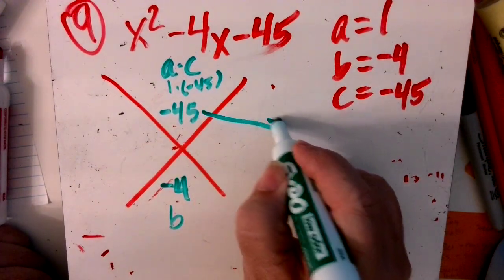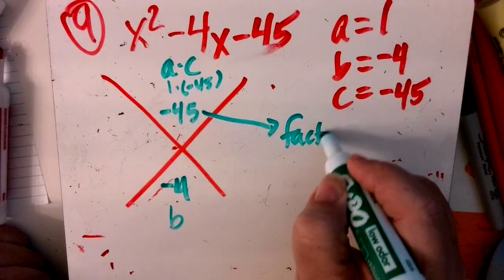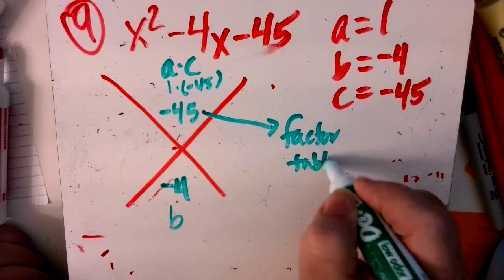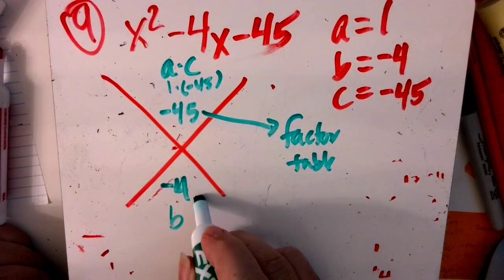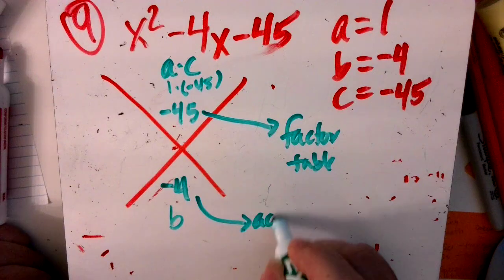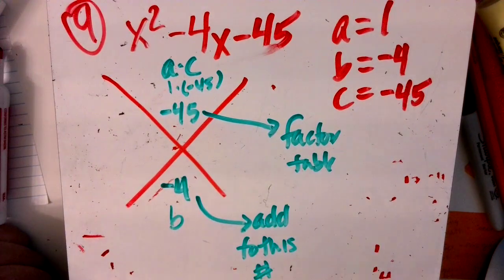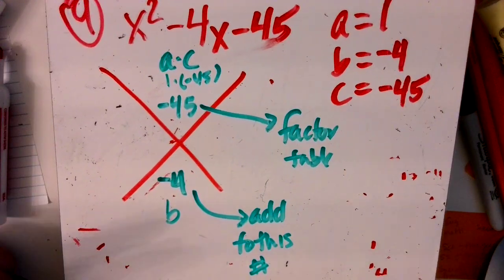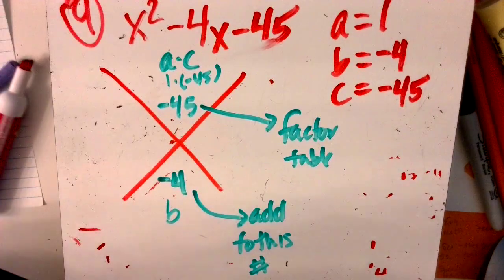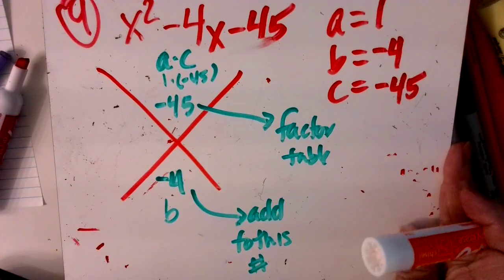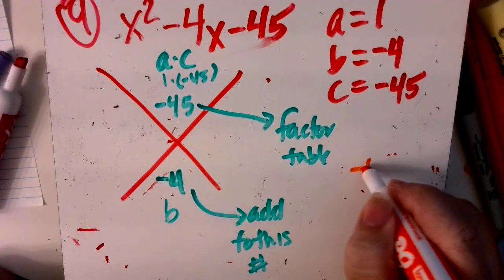So again, I'm going to make a factor table for negative 45, and these need to add to this number. Which of those would add up to negative 4? So negative 45, I'll do it on the side here.